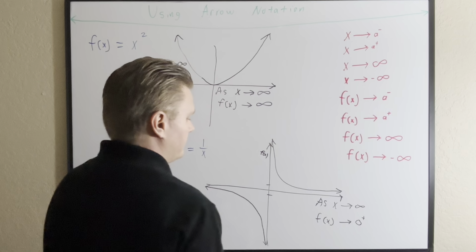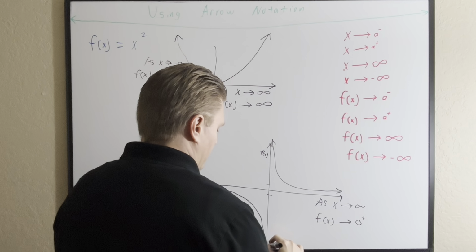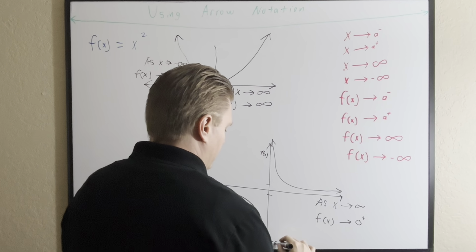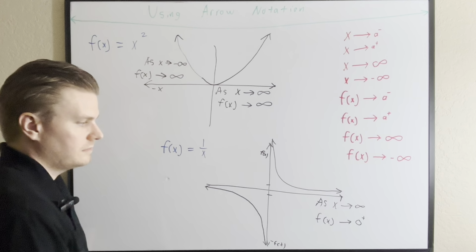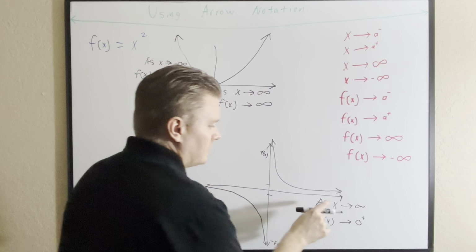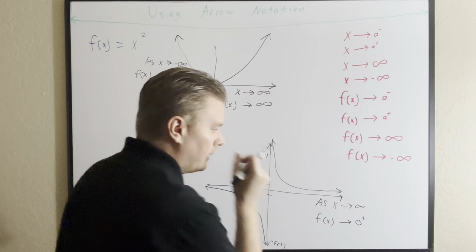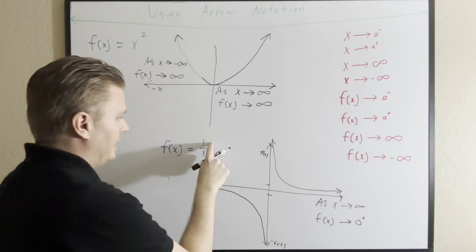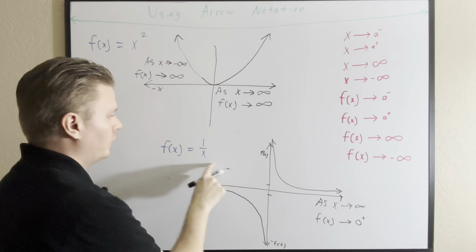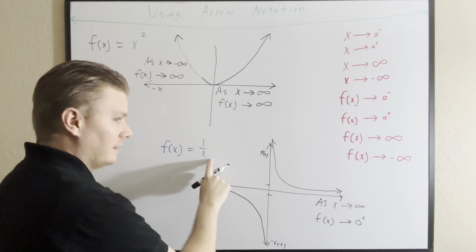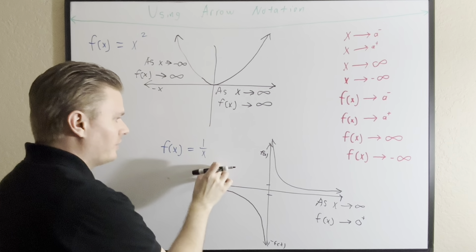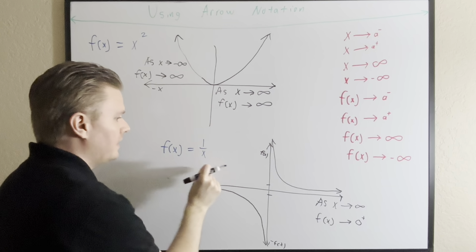But it never quite touches it. It just keeps approaching it, because we're taking 1 and dividing it by a larger and larger number. The larger the denominator, the smaller the number, but it will never be 0.